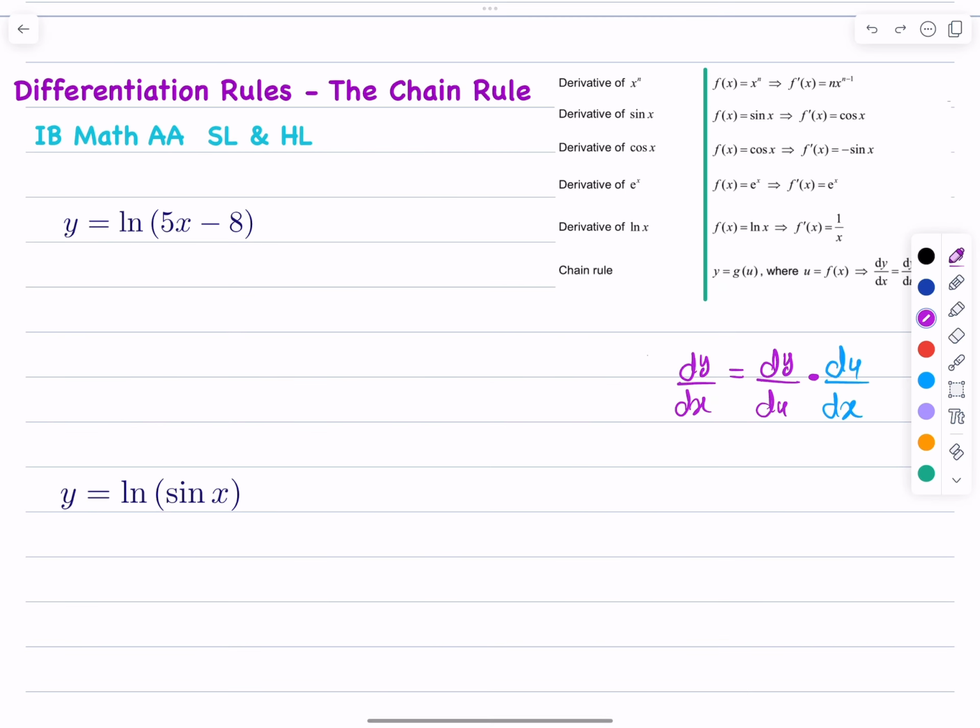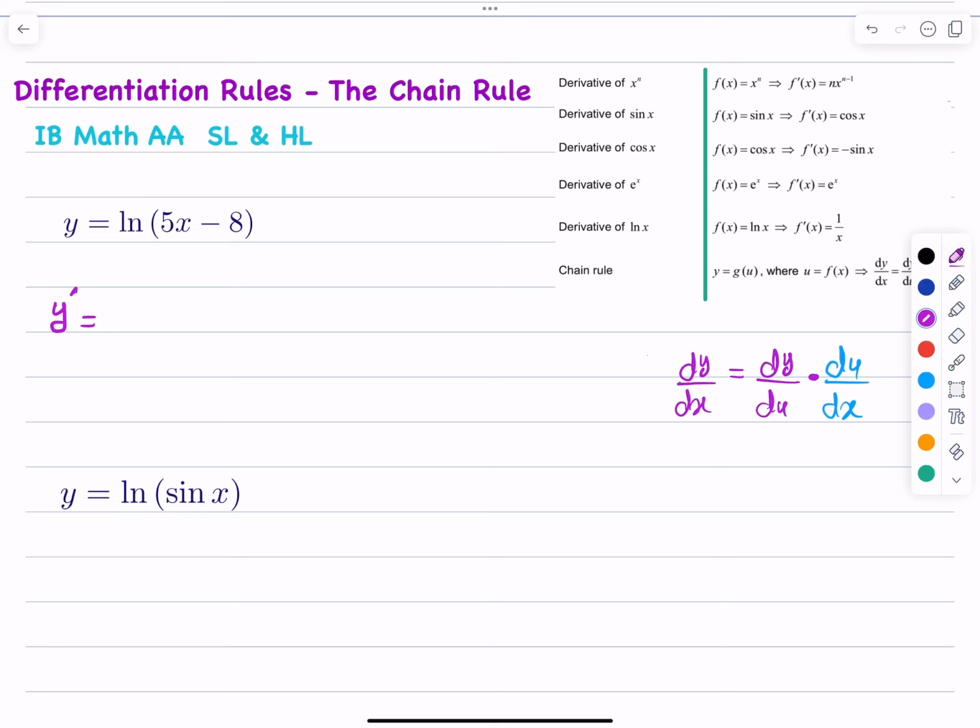Let's now move on to differentiating natural logarithms. Here, to differentiate quickly, first we see when we differentiate ln x, x only inside, then it will be 1 over x. But here we don't have x only inside, so we'll apply the chain rule.